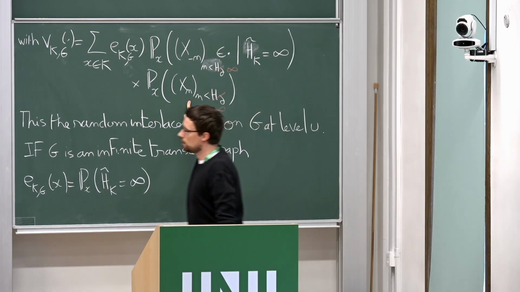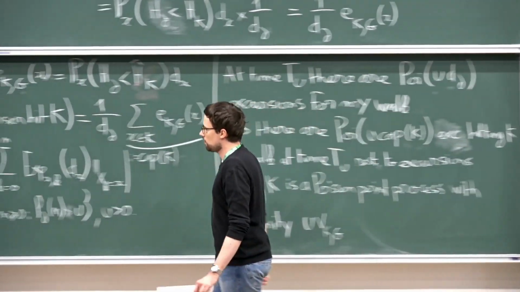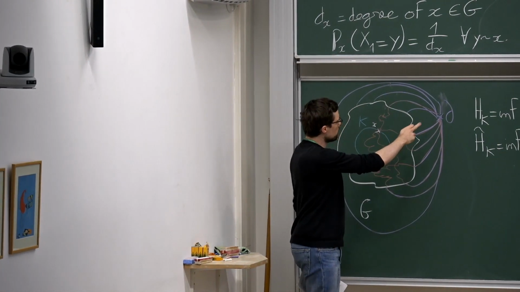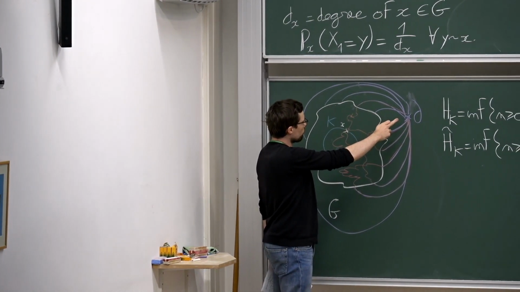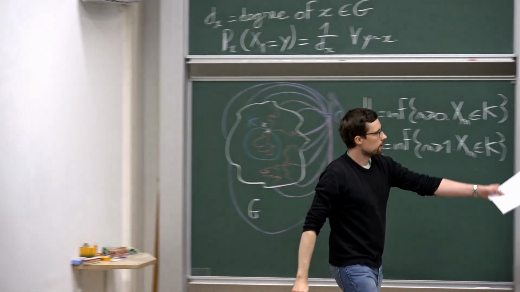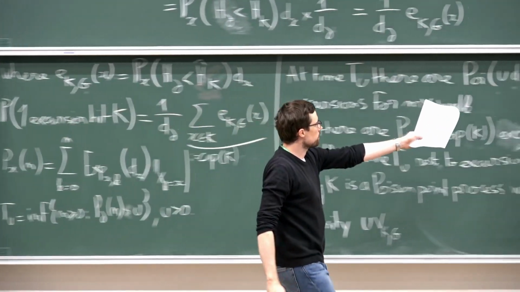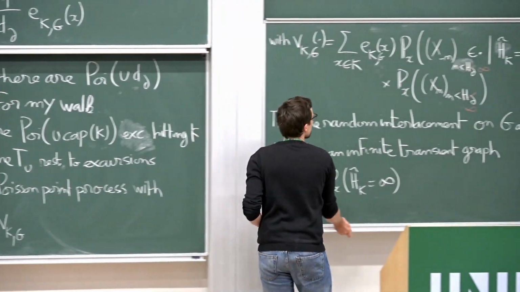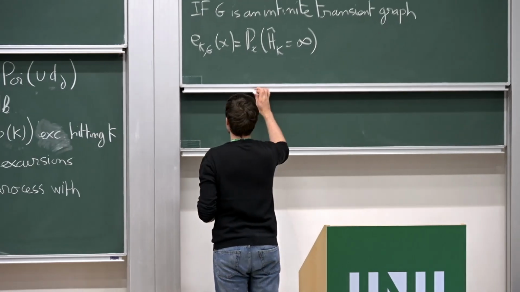So this walk started here from the boundary of the ball of size n converges in the limit to a Poisson point process with this intensity measure when I restrict it to k. Okay, so now let's define random interlacement properly.